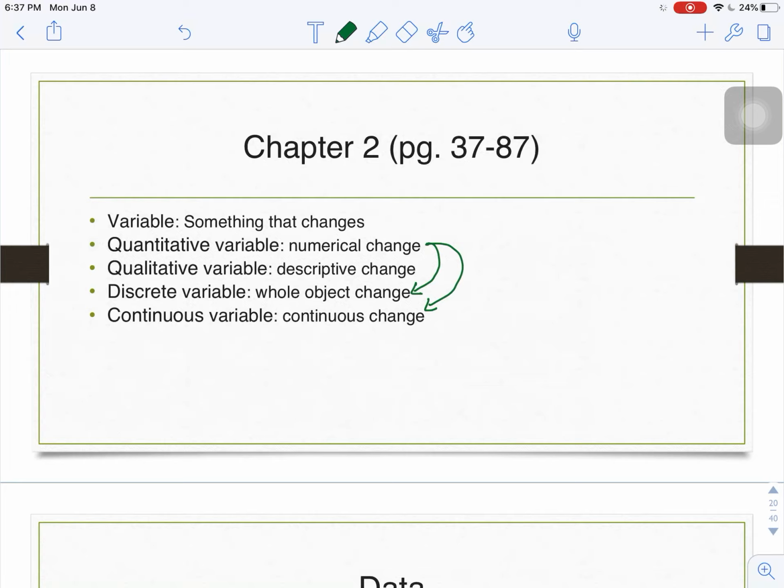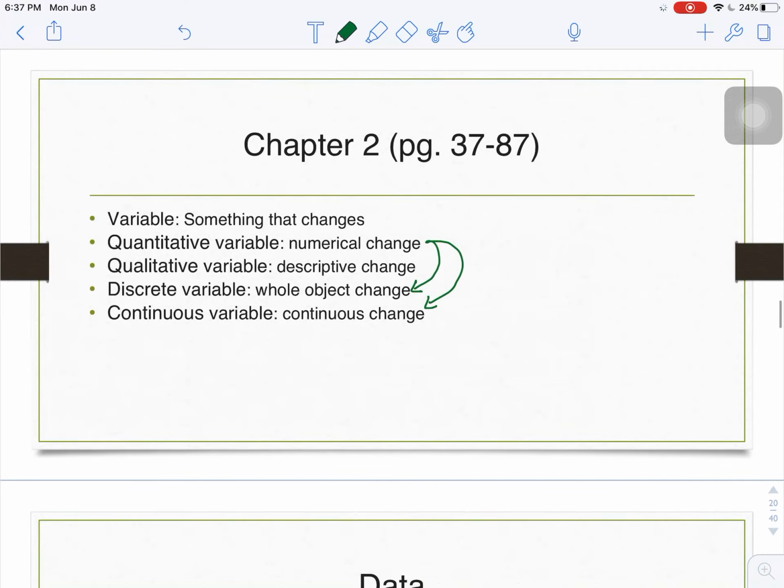If I asked how long does it take students to get to WCTC, that's an example of a continuous variable because that will constantly change. So I'll give you some examples of that in a little bit, but time is always continuous. If you're filling up a bucket of water, the water level itself is always continuous. So it's something that's ever changing.